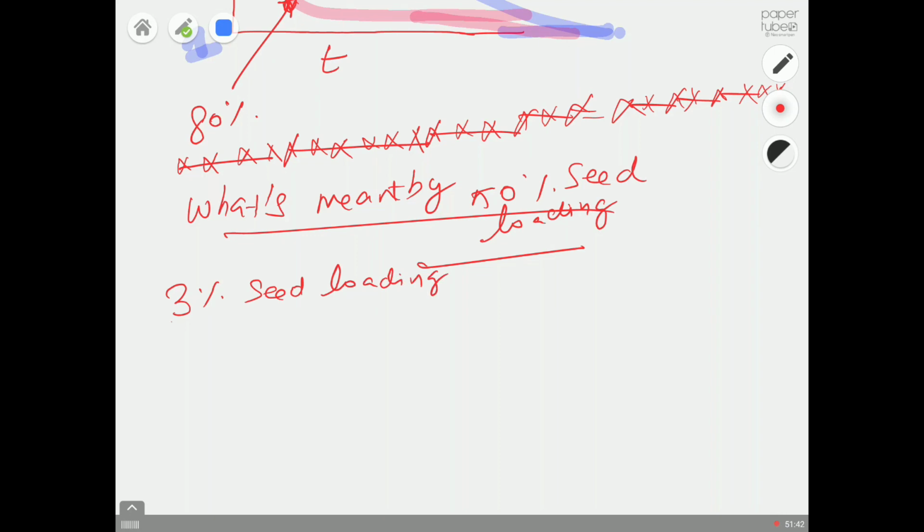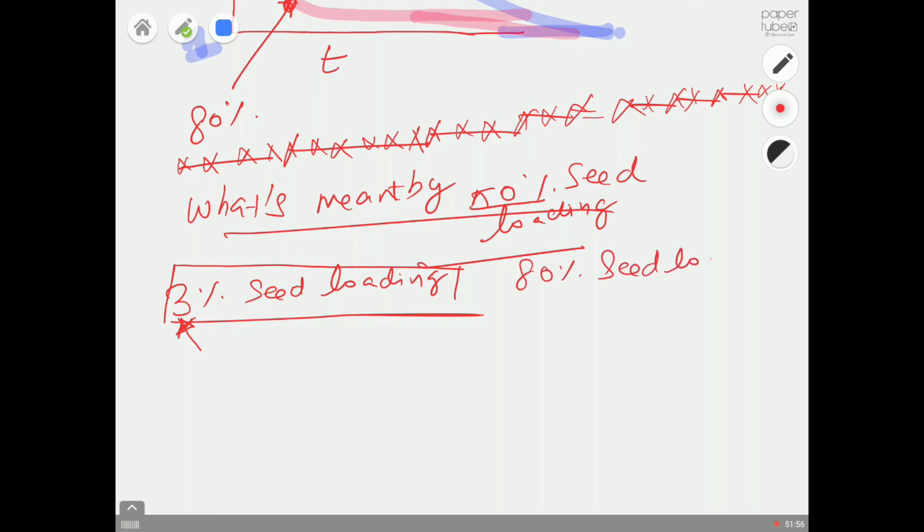In fact, in industries, they mostly perform crystal growth experiments with 3% seed loading. Rarely do they go to 50% or 80% seed loading. So what do I mean by 50 or 80% seed loading?